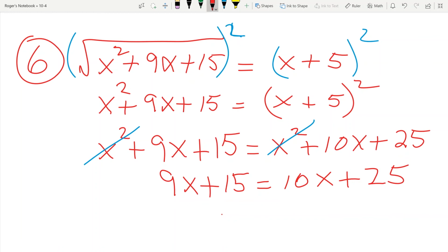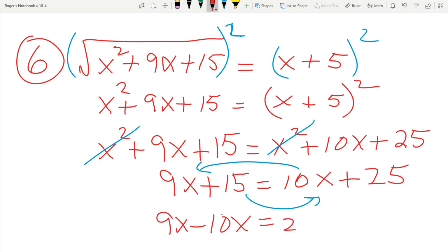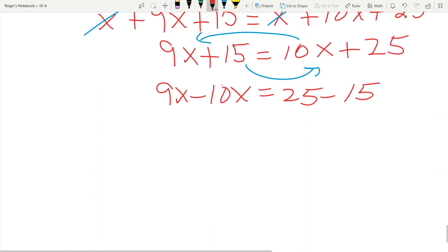So if I bring my 10x over here and I bring my 15 over here, we will have 9x minus 10x is equal to 25 minus 15. And 9x minus 10x is minus x.